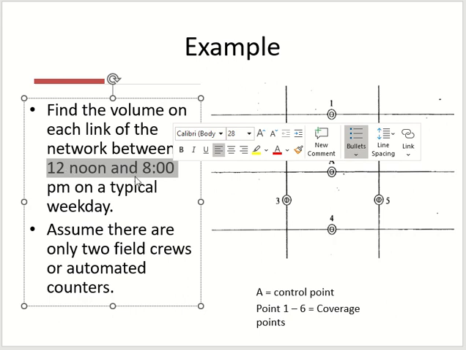This is another rule: coverage locations must be covered, all of them, in the same time period when you were covering the control. If you are spending 8 hours on location A, then in the same 8 hours you have to cover the other 6 locations, and there's only one team.